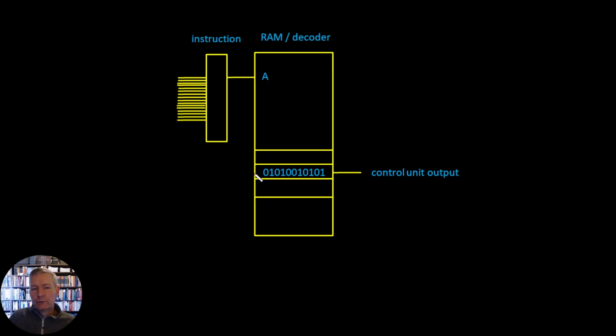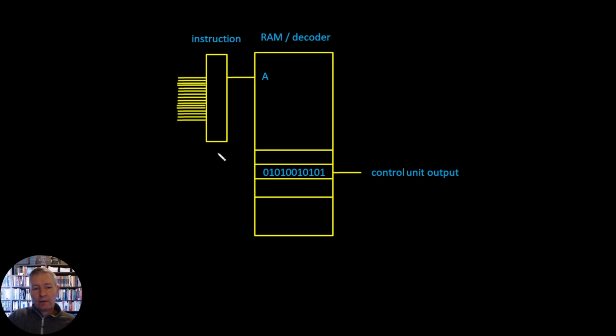Then, in order to use this as a control unit, all we would have to do is ensure that the information held in location CF is the zeros and ones that we need to produce the AND function. That would be all zeros, with just a single 1 for the AND. So the output of our control unit would be all zeros for everything and just a single 1 for the AND, and we would take that out to the top of our CPU as we did normally, and we would have the AND function.